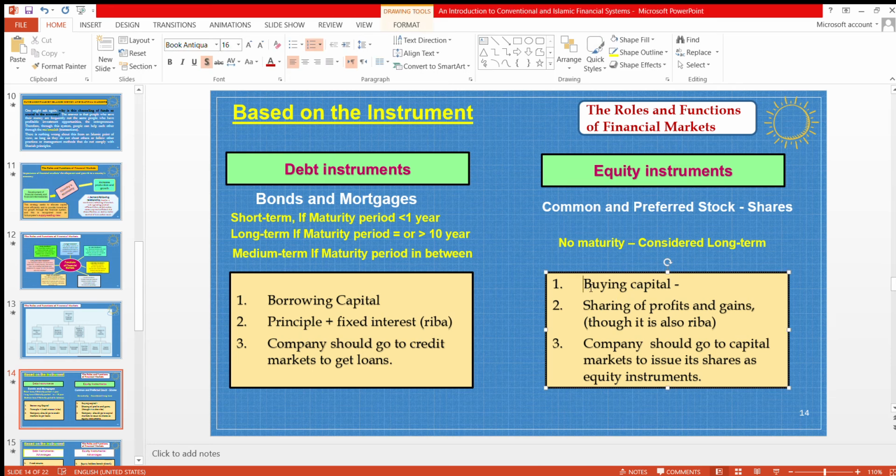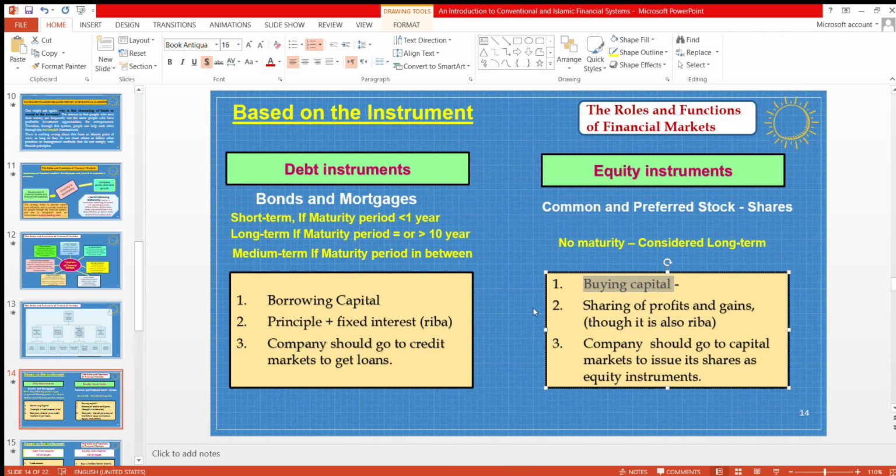What is an equity instrument? This is buying capital. When a company needs cash, it floats its shares into the stock market and people buy the shares. When they buy the shares, they pay capital to the company. So the company is buying capital against its shares. This is buying capital, it is not borrowing capital.